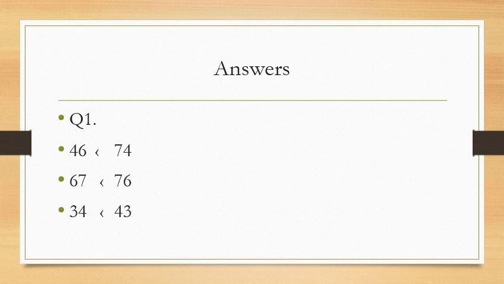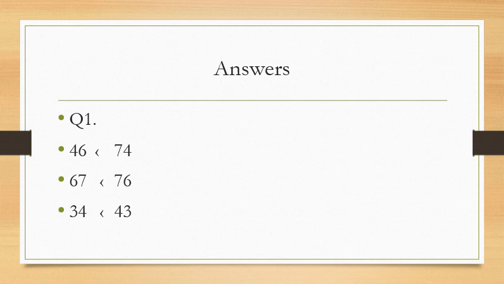So children, the open side of the sign will point towards the greater number, that is 74, and the closed side of the sign will point towards the smaller number, that is 46.